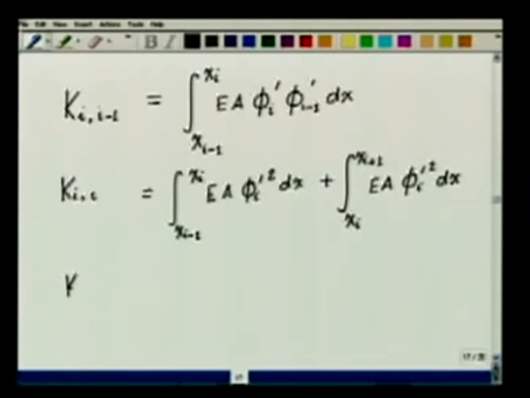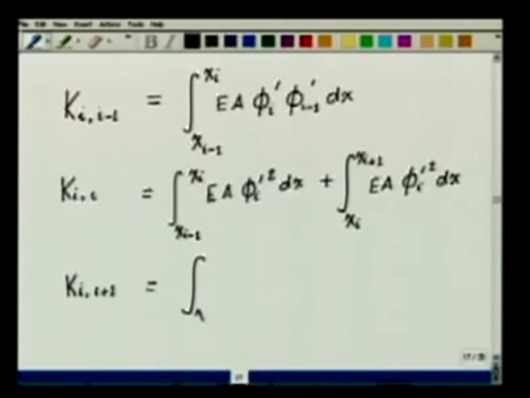Similarly, k i i plus 1 is equal to an integral. So if you see here, for j equal to i plus 1, phi i plus 1 is 0 in the element i minus 1. So that part is not going to contribute to this integral, even though phi i is not 0, because the product is 0.